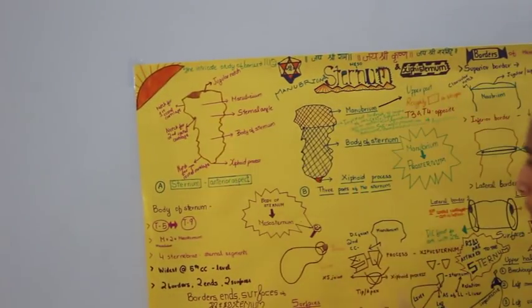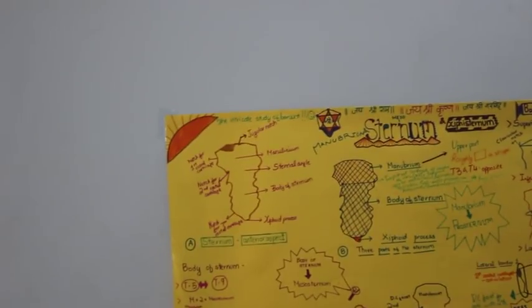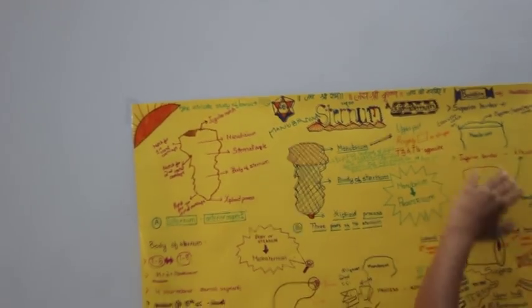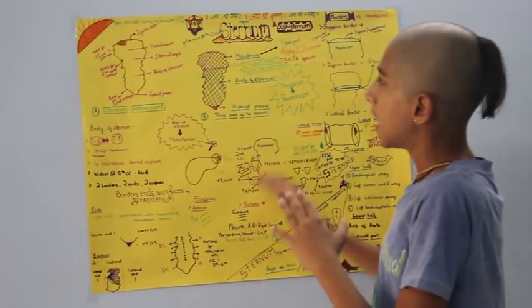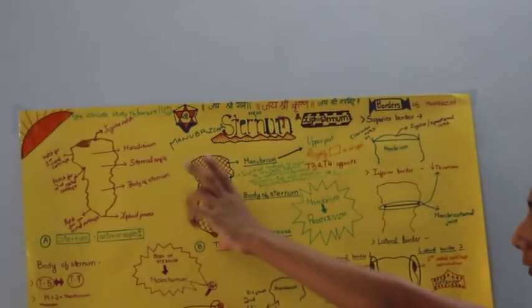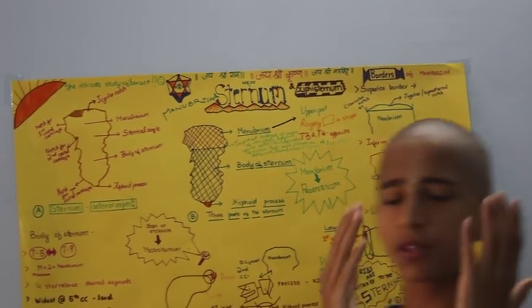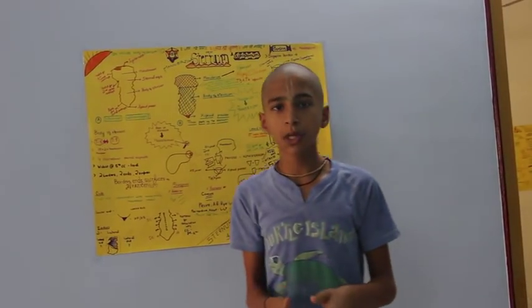And first let's see the manubrium. So manubrium is the upper portion. It is roughly quadrangular in shape, not exactly quadrangular. It has some extension in some places, and I have not detailed it properly in the picture, but this is its rough look. And this is the upper part of the sternum, and it is just opposite to T3 and T4, or thoracic vertebrae 3 and thoracic vertebrae 4.